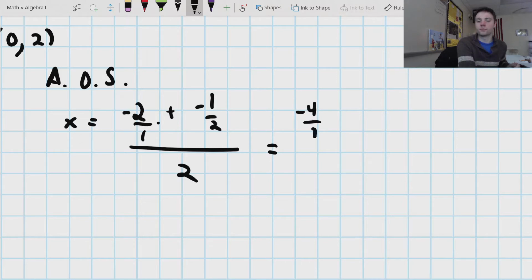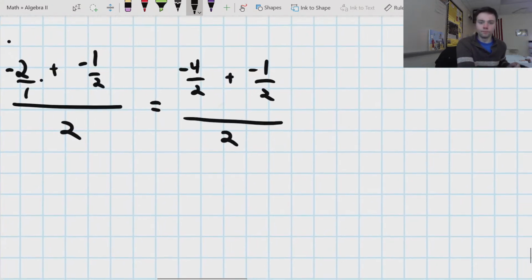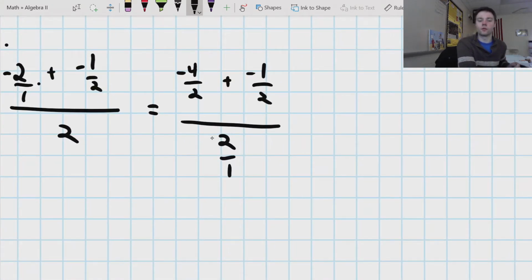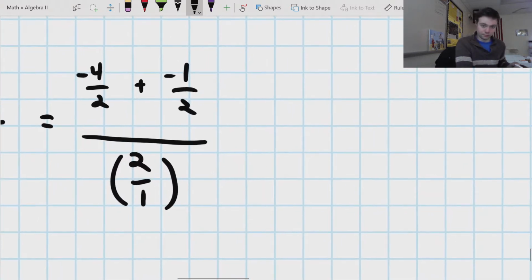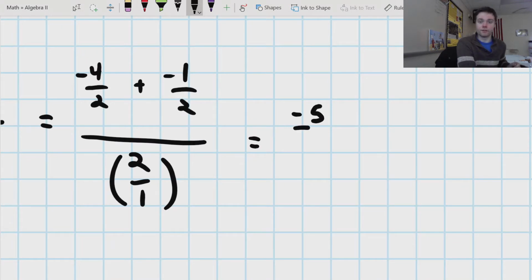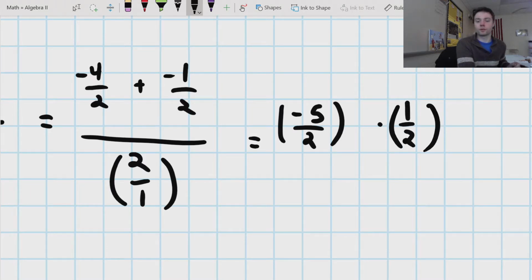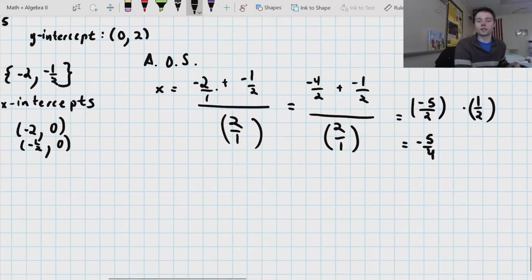That gives me negative 4 over 2 plus negative 1 over 2, all divided by 2, which is over 1 as well. So I'm going to get negative 5 over 2 times, instead of 2 over 1, you multiply by 1/2, the reciprocal, because you're dividing by 2 over 1. So you get negative 5 over 4 is the x-coordinate of your vertex.